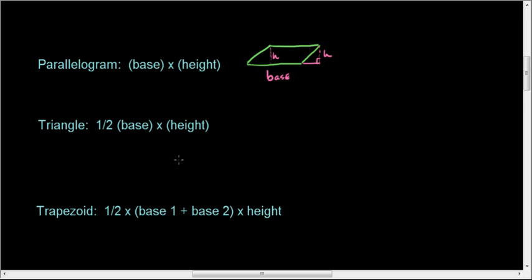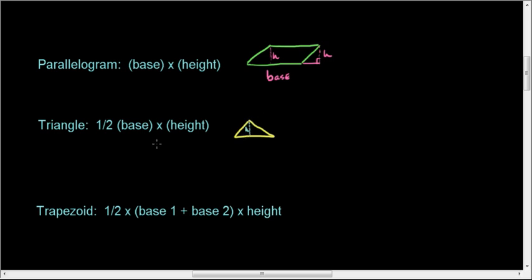A triangle can be shown as any triangle is half the area of a parallelogram. And so if we take any triangle, then we take its height.